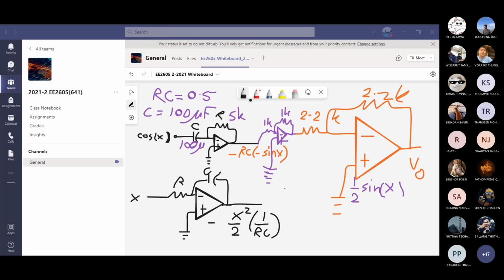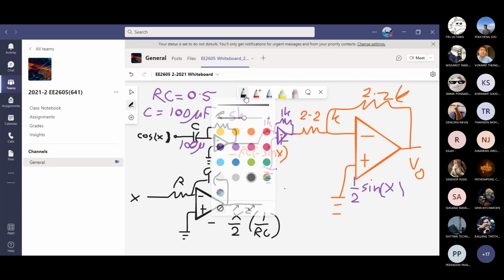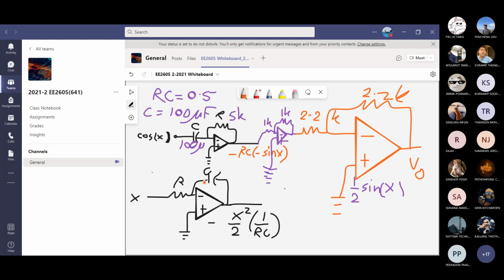If you take again C as 100 microfarad, let's say I force you to use 100 microfarad again for the second stage, what will be the value of R? C here is 100 microfarad. This has to be equal to negative 2x squared. If you set the left hand side and the right hand side equal, minus and minus cancels out, x squared cancels out.